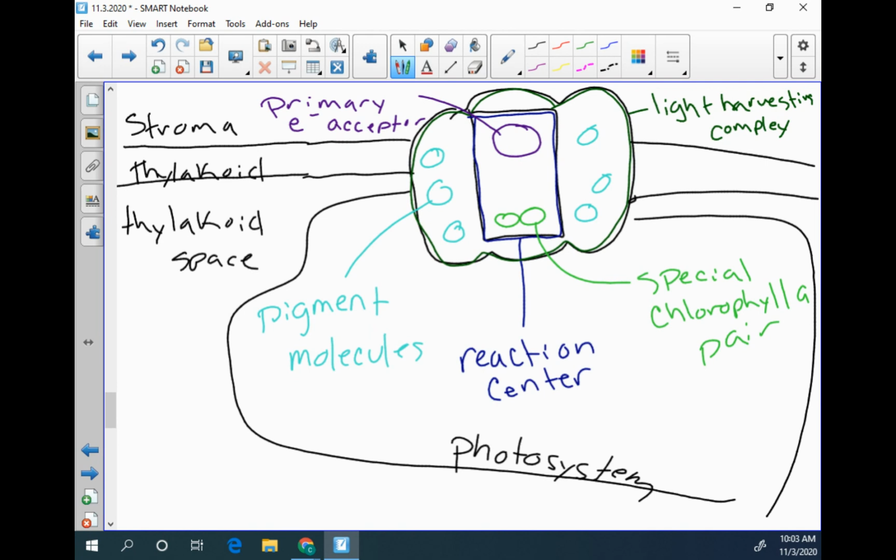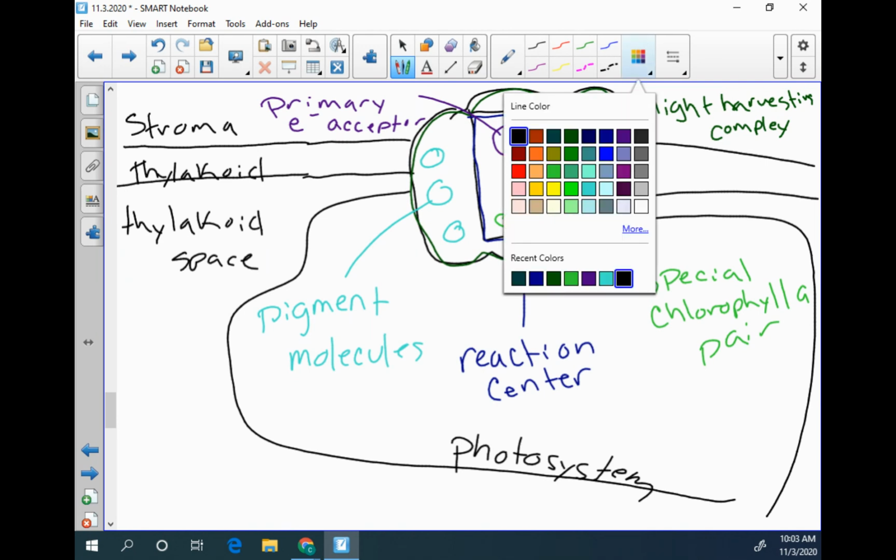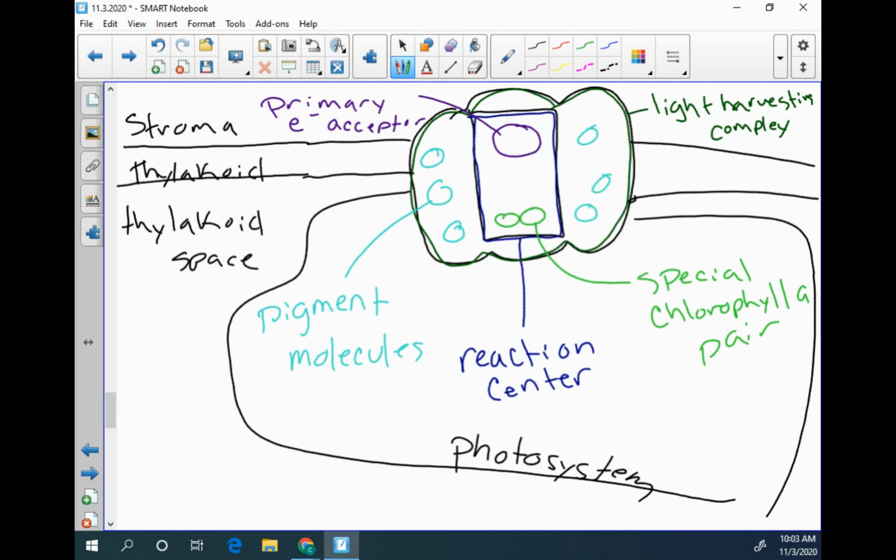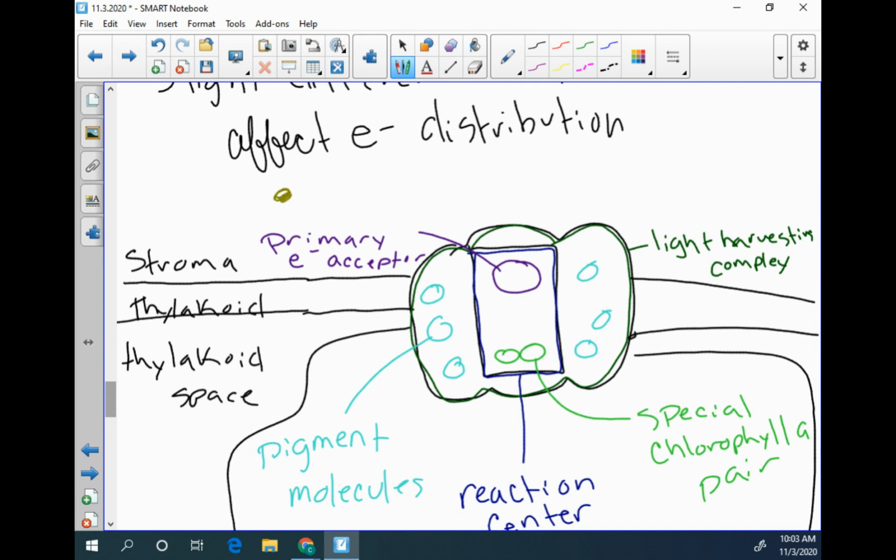So, what happens? If this is a photon, and these brown arrows are the transfer of energy, a photon will hit one of the pigment molecules in the light harvesting complex, and it will bounce around until eventually that energy hits the special chlorophyll A pair, and that special chlorophyll A pair will send those electrons to the primary electron acceptor.